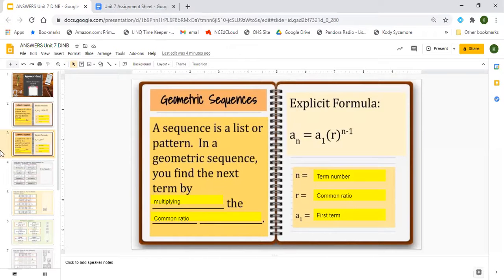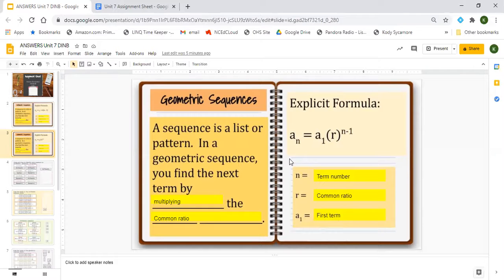Their explicit formula is listed on the right-hand side: a sub n is equal to a sub 1 times r to the n minus 1 power. Again, n is still the term number, r is now the common ratio, the number you're multiplying by, and a sub 1 is still the first term.